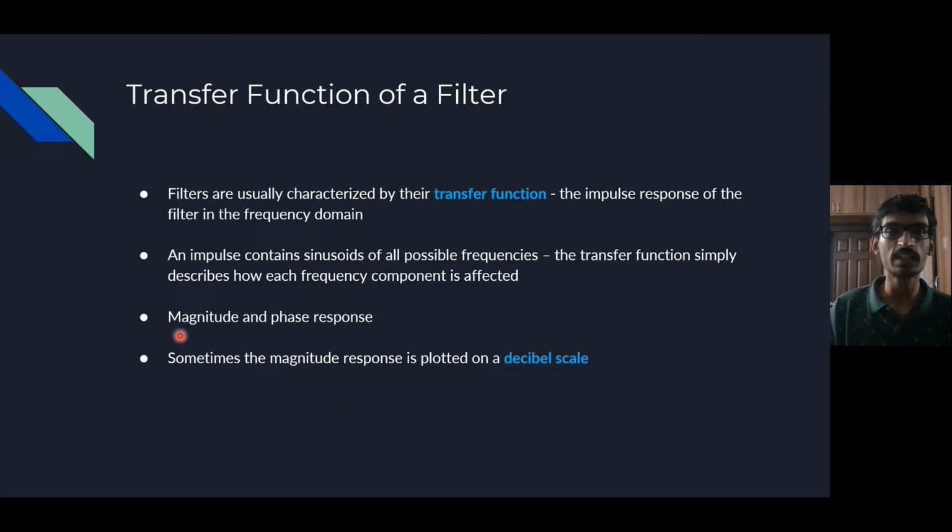Magnitude response is what you get when you take the magnitude of the transfer function, and it describes how each frequency component is attenuated or amplified. And the phase response, as the name suggests, describes how each component of the signal is phase shifted. Also, sometimes the magnitude response is plotted on a decibel scale, which I will describe shortly.